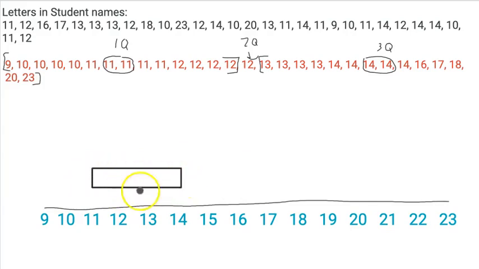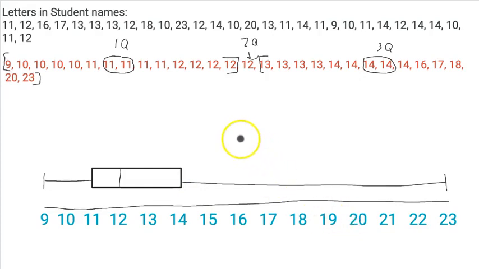The third is at 14. My second needs to be here at 12. My minimum is at 9, and I'm going to connect that back to the first quartile. And my maximum here is at 23.